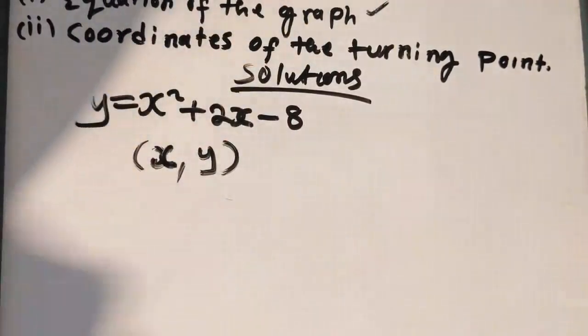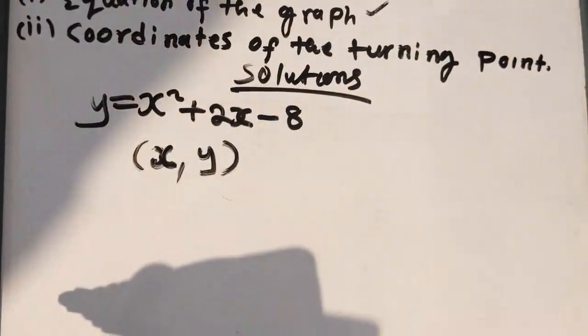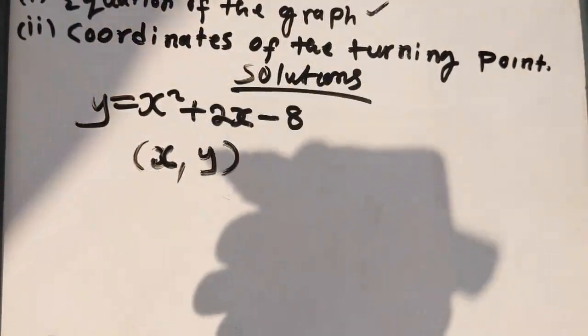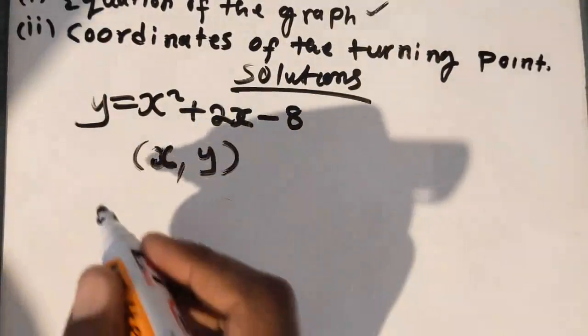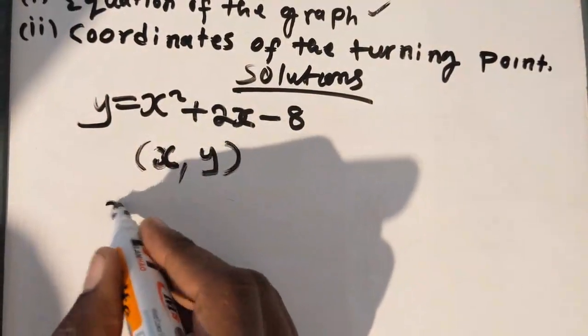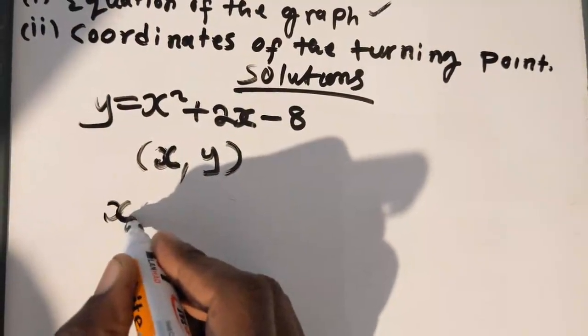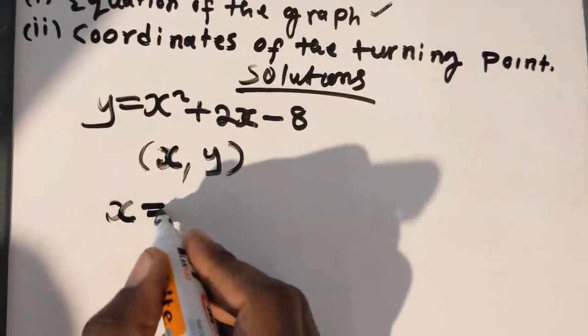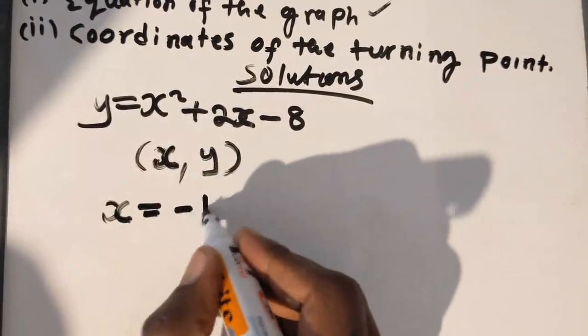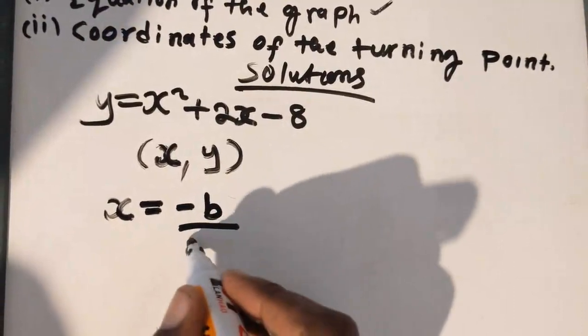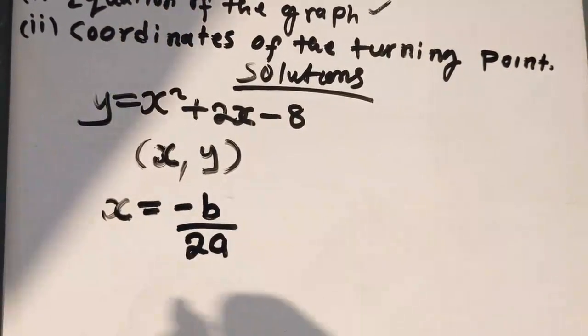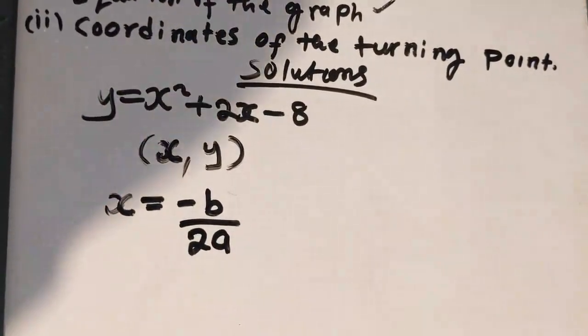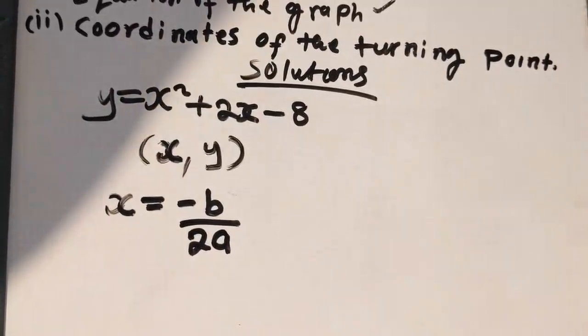The first step is to find the x coordinate. So how can you find the x coordinate? You need to know this formula: x is equal to negative b over 2a. This is the formula for only the x coordinate.